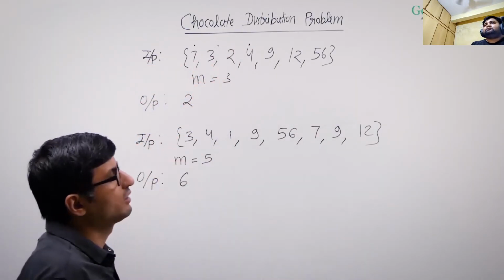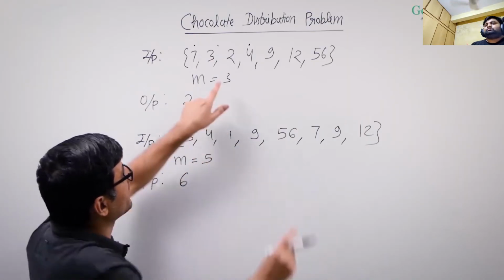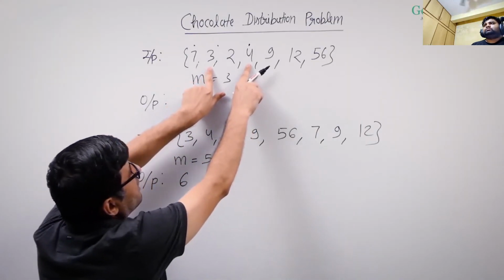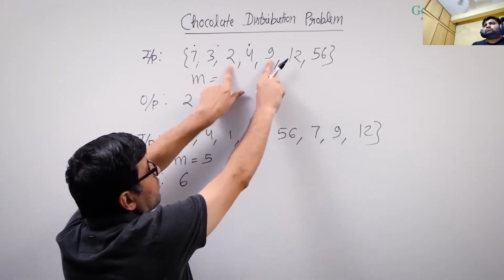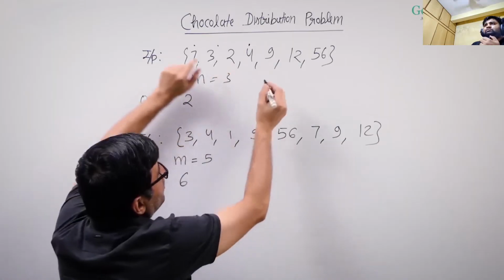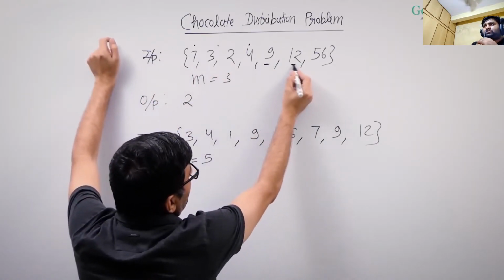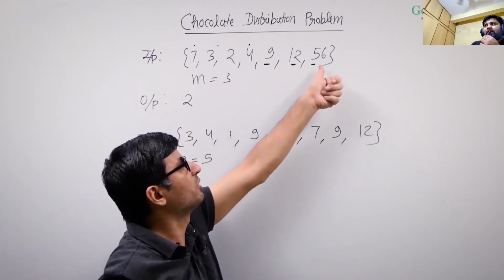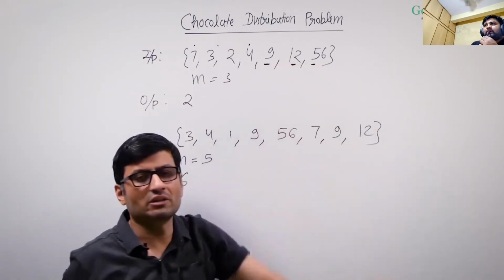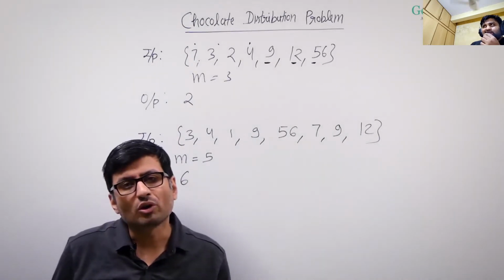Say you pick these 3 as elements. What is the difference? 2. Say you pick these 3. What is the difference? 7. Say you pick these 3, 9, 12 and 56. What is the difference between minimum and maximum? 56 minus 9, 47.